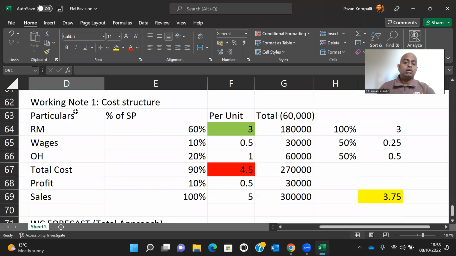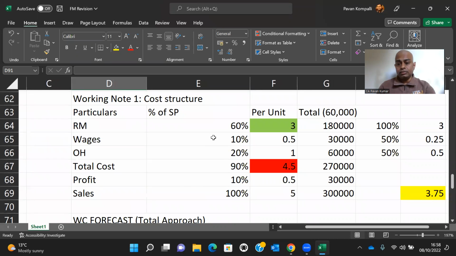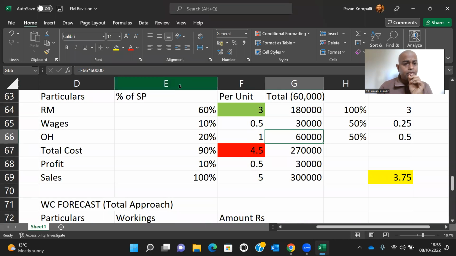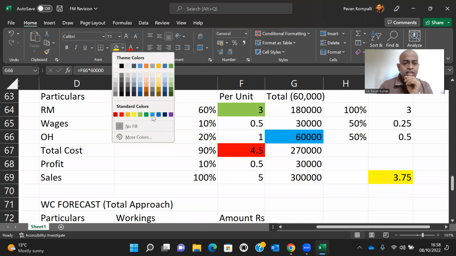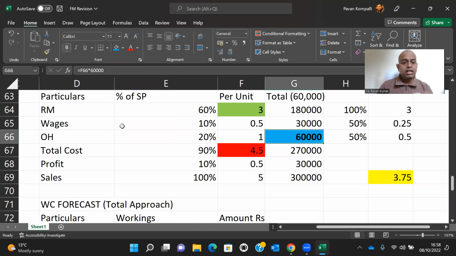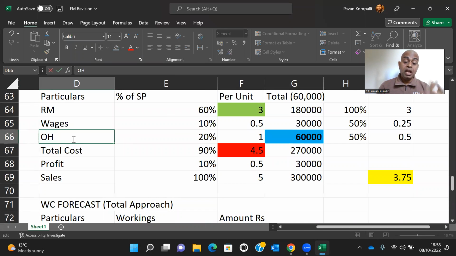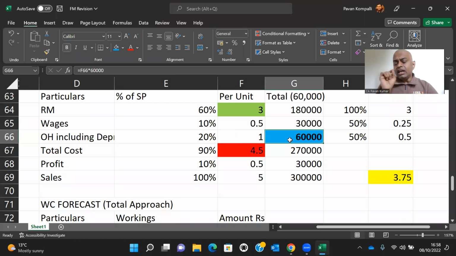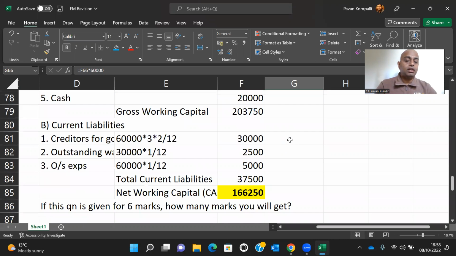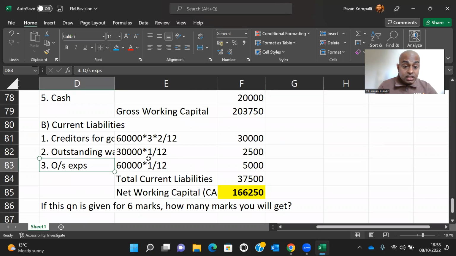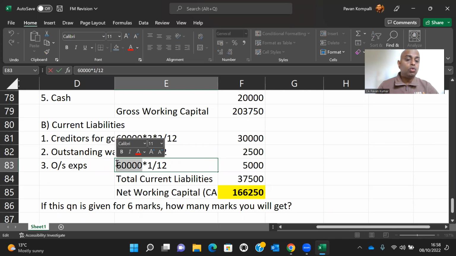For example, if you go to this particular calculation, what is technically wrong here? This 60,000 is overheads. Maybe this includes depreciation. Obviously, depreciation is overhead. But when you are calculating working capital based on 60,000, conceptually it is wrong. You have taken outstanding expenses 60,000 into 1/12.